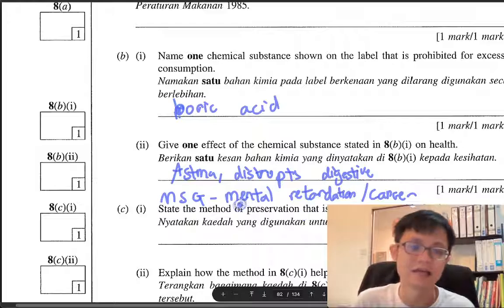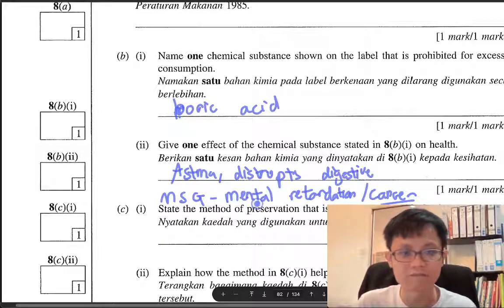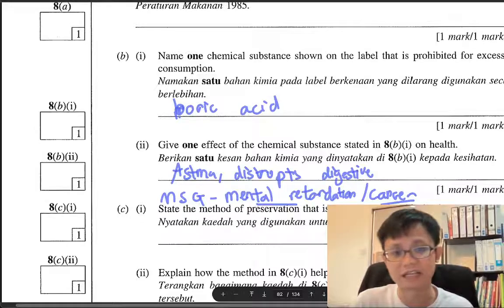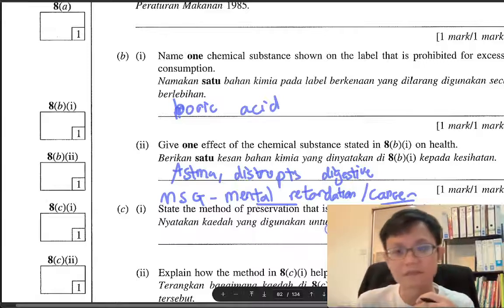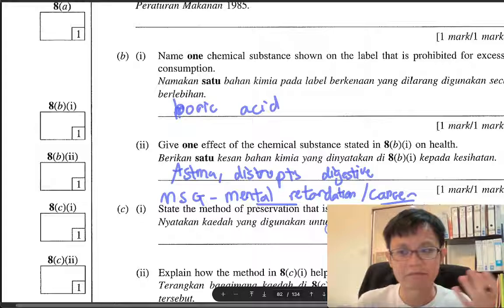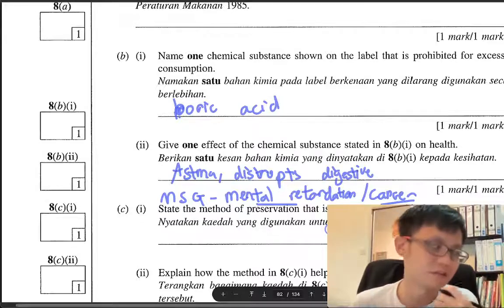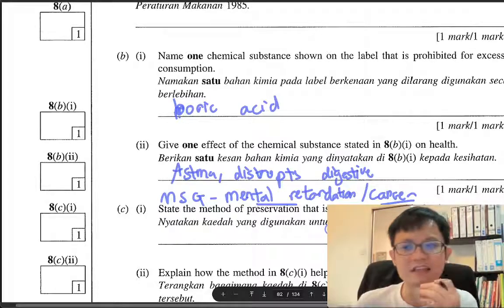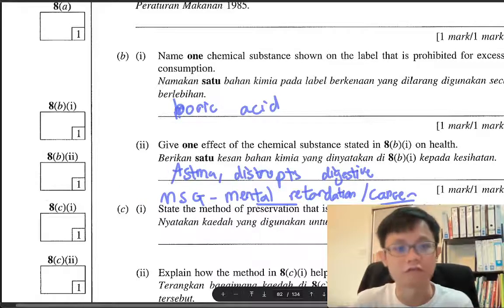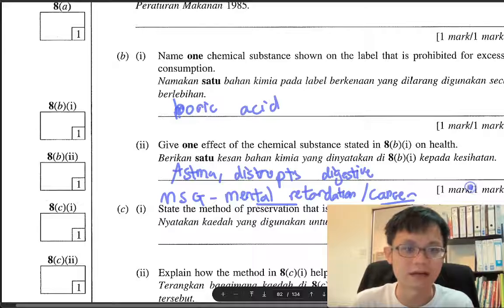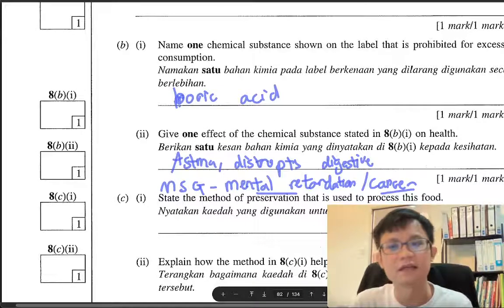Now we can see that people are having more cancer, and more parents are giving birth to children with slight autism. And nowadays when you go shopping, you can see more and more children, when the parents bring them out, who seem to have a bit of a mental issue. So it is highly correlated with the food that we eat. So since we are young, always eat healthy food.